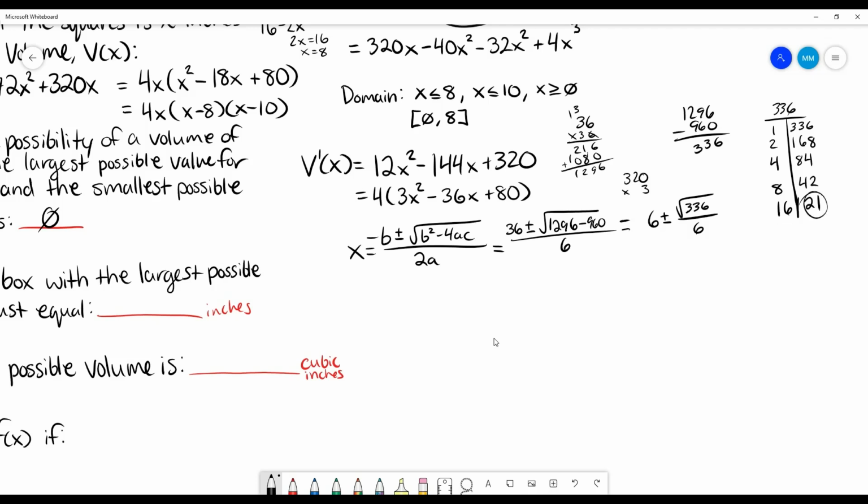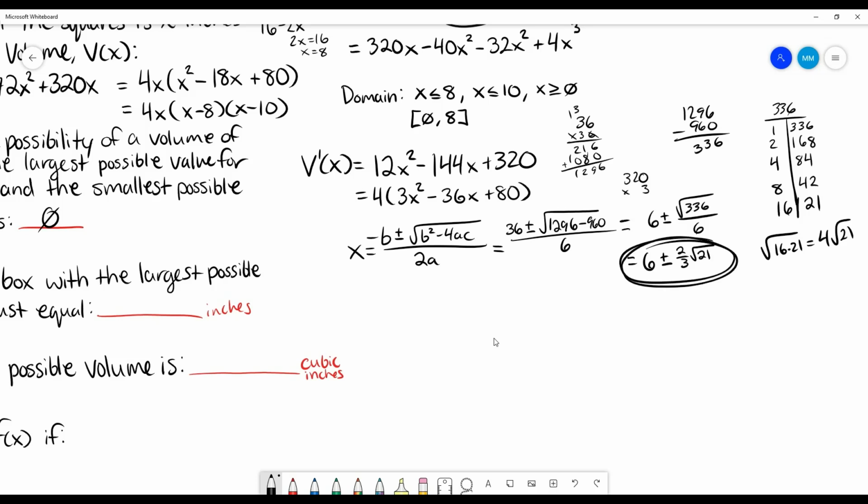And that doesn't break down any further, but I can pull out the 16. Just going to be plus or minus, put that 16 right, because that's the square root of 16 times 21. So I'm going to do that, and it's 4 divided by 6, so 2/3 square root of 21, right?